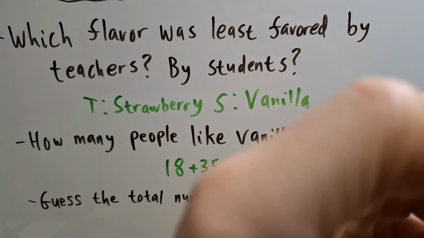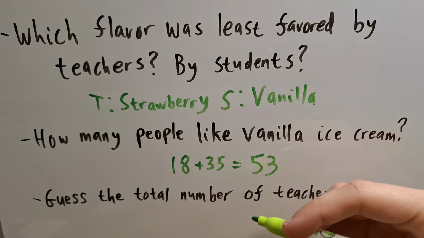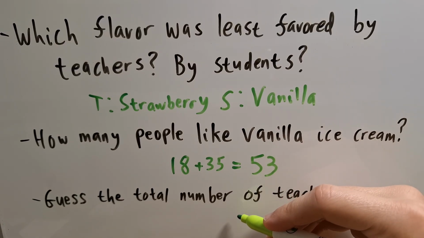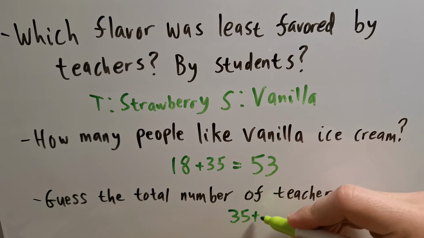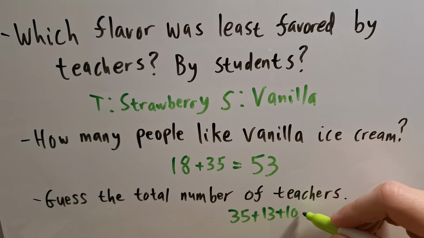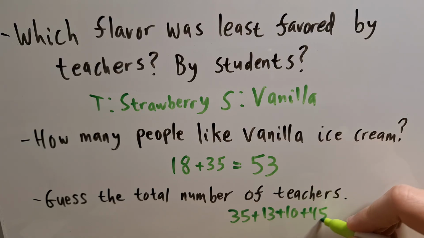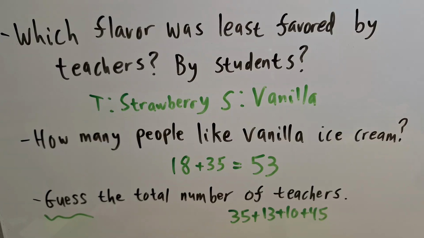Let me bring this down here so we can see. So we have 35 plus 13 plus 10 plus 45. And again, it says guess the number of teachers, because some of those numbers were in between two numbers.